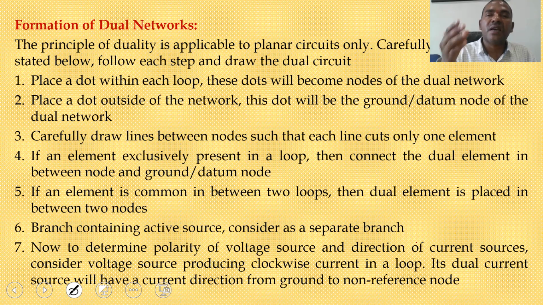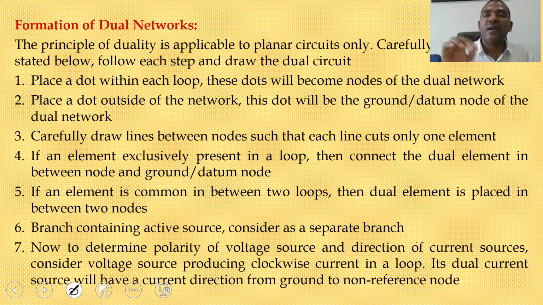If a capacitor is there, replace it with an inductor. If an open switch is there, replace it with a closed switch. If a voltage source is there, replace it with a current source.